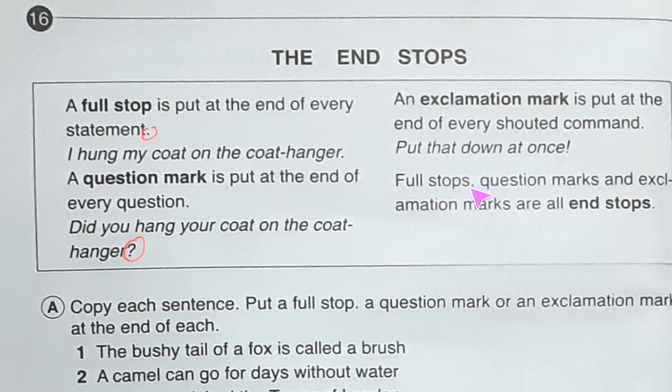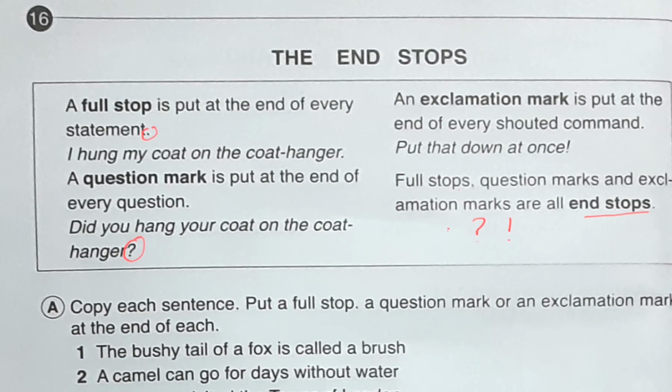Here it is written: full stop, question mark and exclamation mark are all end stops. It means we can use different types of sentences, but we cannot end any sentence without these three. Either you need to add a full stop or a question mark or an exclamation mark. If we want to express a statement, we have to use a full stop.